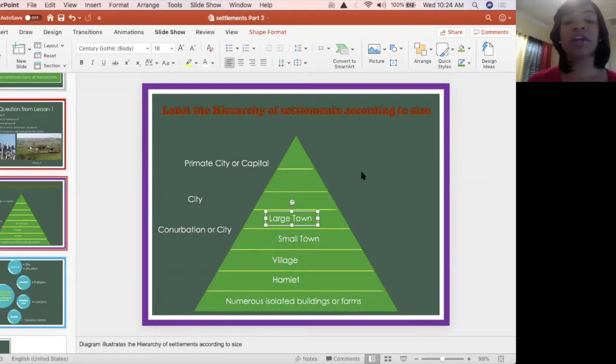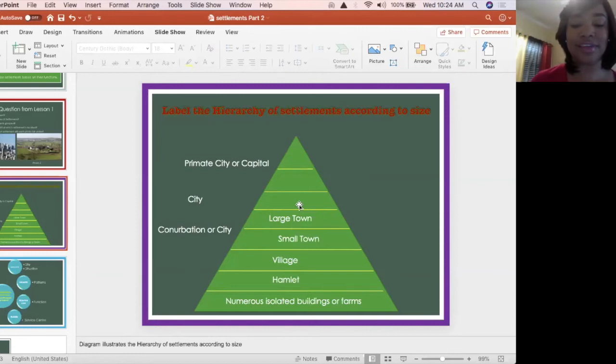So following your large town, this area is where you can find, this area is what we will consider the area of Nassau or the area of Freeport. What will we call the area of Nassau? What type of settlement would the area of Nassau be or the area of Freeport be?